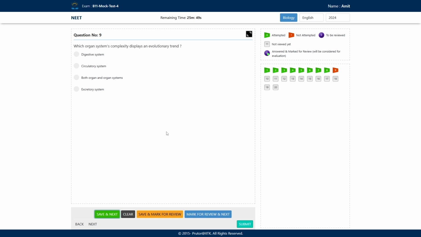When you study the digestive system, you see the evolutionary trend. While studying the circulatory system, you see the evolutionary trend. Or when you see the excretory system, then you see the evolutionary trend. Where do you see the evolutionary trend? When you study organ as well as organ system.